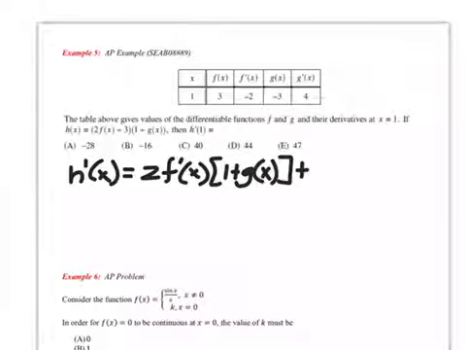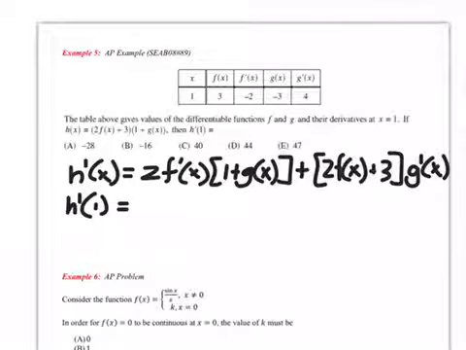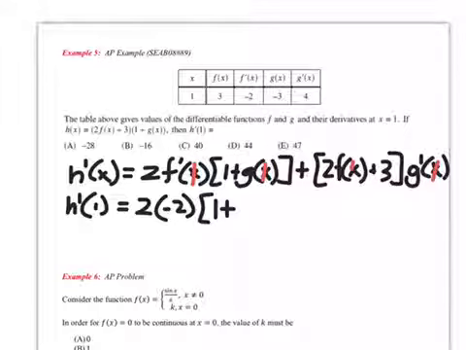The first is 2f of x plus 3, and the derivative of the second would just be g prime of x. So if I want h prime of 1, I'm going to plug 1's in here, and it looks like I'll get 2 times f prime of 1, which is negative 2, times the quantity 1 plus g of 1.